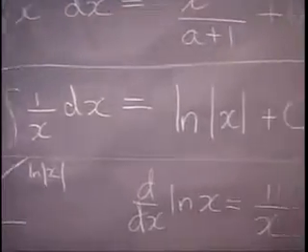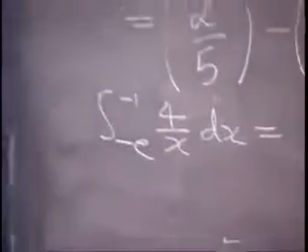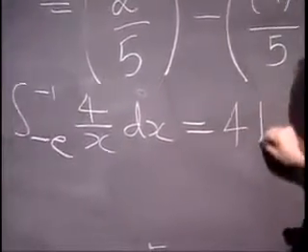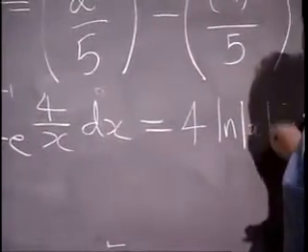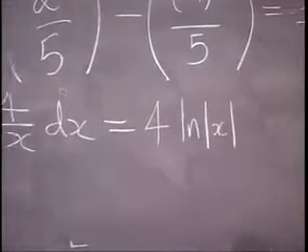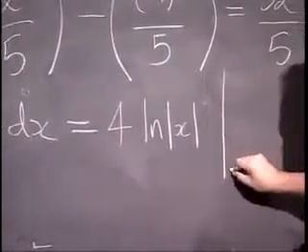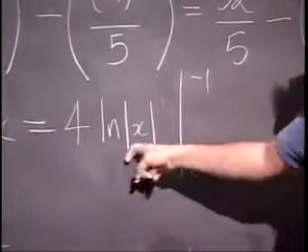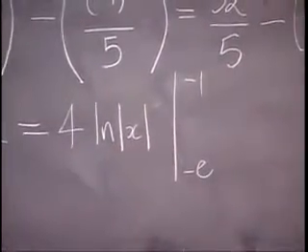So if we come back down here, this is 4 over x. 4 is just a constant, so it can come out: 4 times 1 over x. So you can just write it down as 4 log of absolute value of x. You don't need the plus c. What you need is to go from minus e to minus 1. And make sure this line is big enough so that you don't confuse it with the absolute value here.